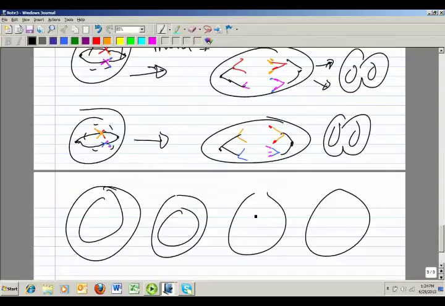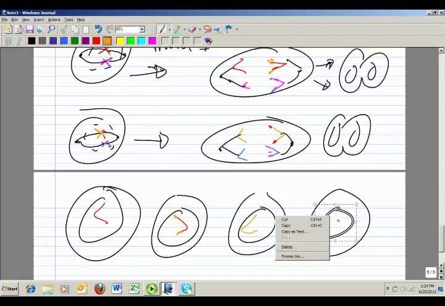Okay. So each cell has one big chromosome. Sometimes there's crossed over parts, sometimes there might not be. And each one has one little chromosome.